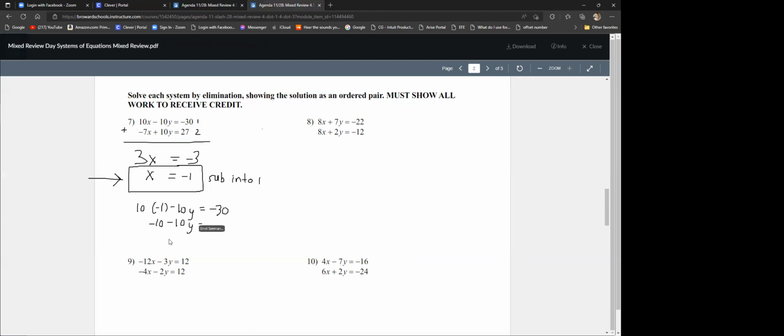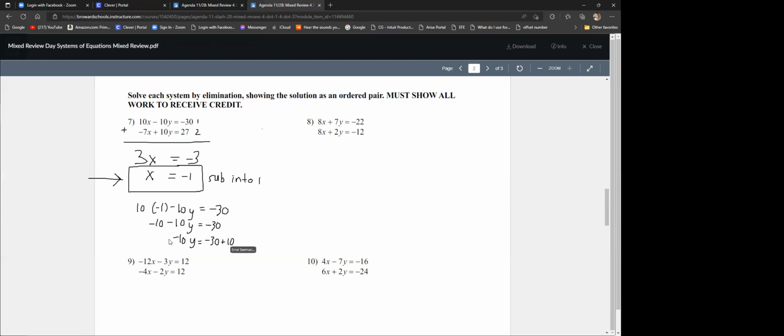equals, now we do what you said a few minutes ago. Now we solve for y here. So -10y equals what? -30, would it be plus 10 or minus 10? This 10 right here, when we move it to the right side, it's going to become plus, positive.